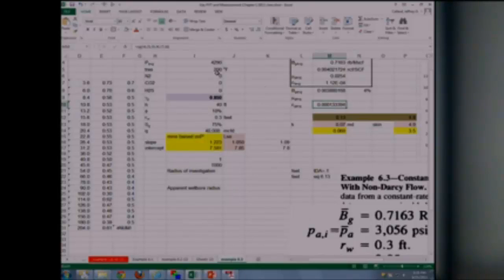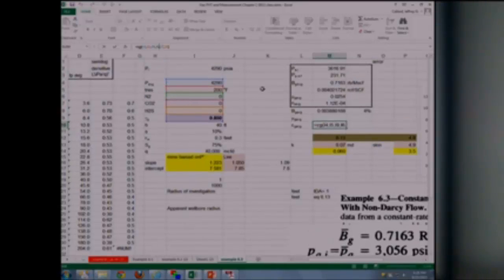CG. CT would be my fluid property calculated CG times their given gas saturation. I'd get a CT of that.